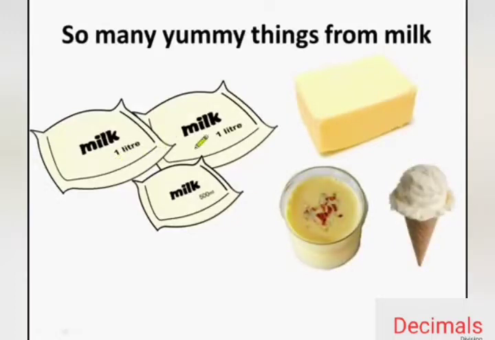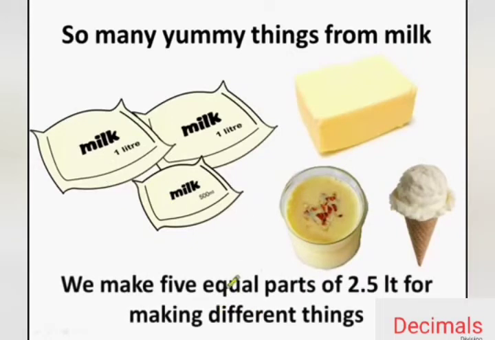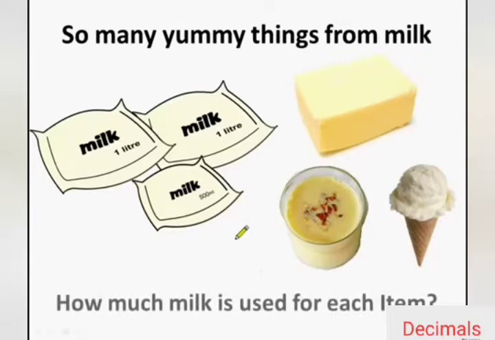Suppose here we have 2.5 liters of milk, that is 2 liters and 500 milliliters, and we need to divide it into 5 equal parts for making different things. So now the question will be how much milk is used for each item.